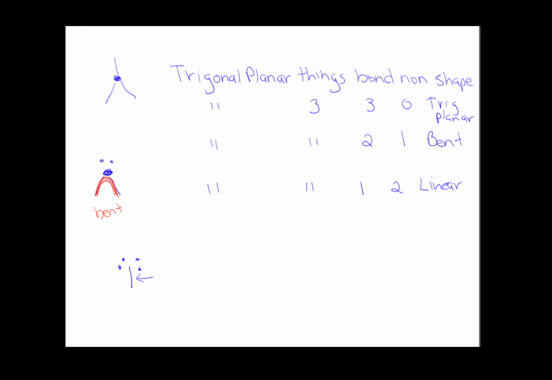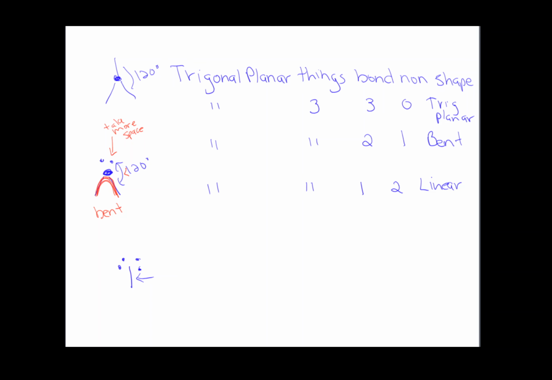Now, how about those angles? I told you before that this was 120 degrees. Well, that is also true here, except lone pairs tend to take up more space. So I could say maybe this got squished.